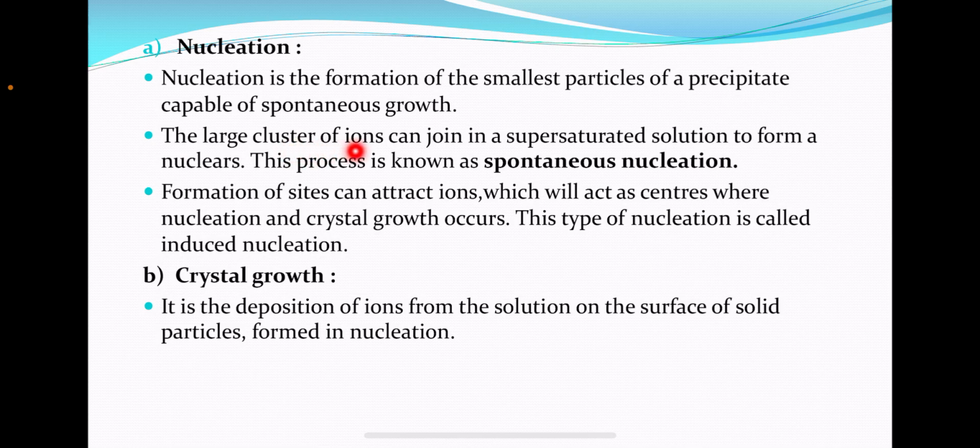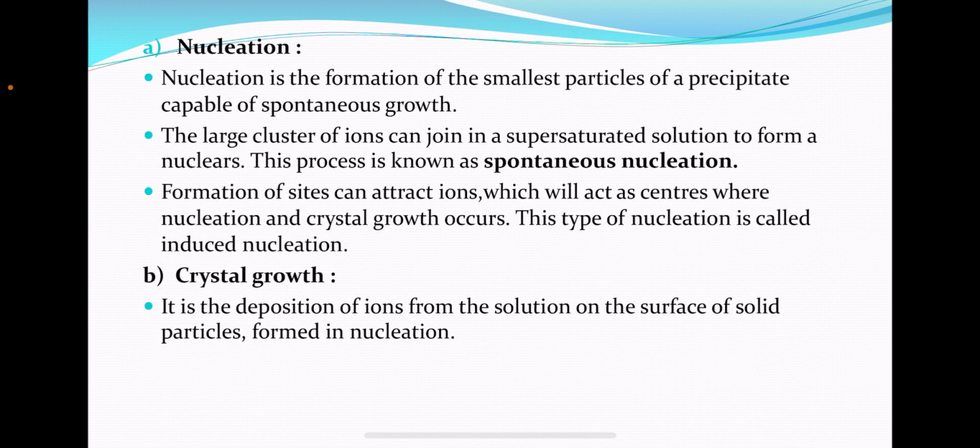The large cluster of ions can join in a supersaturated solution to form a nucleus, and this process is known as spontaneous nucleation. What happens when we go on adding barium chloride solution to sulfuric acid solution? There we find a large cluster.